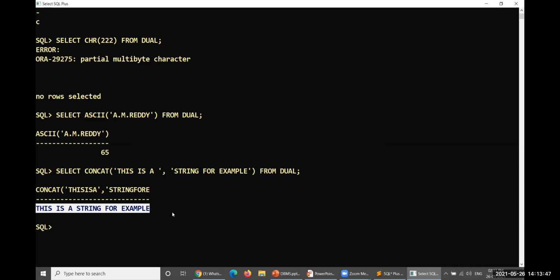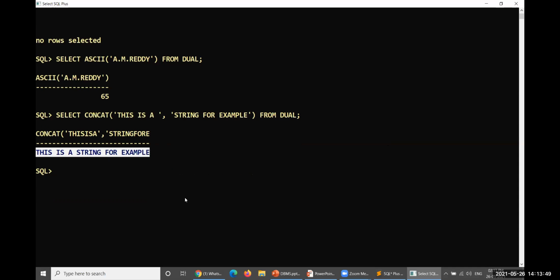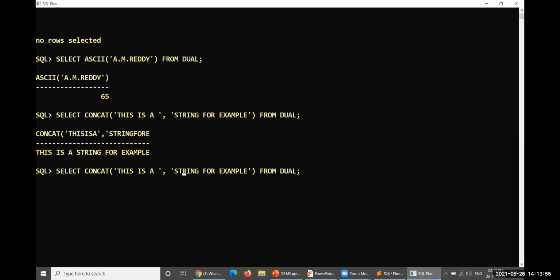And of course, there is one more miscellaneous operator available in the functions, which does the same operation. This is the first string. There is a concatenation operator in the miscellaneous operators. In C programming language you have used OR, which is two pipe symbols.